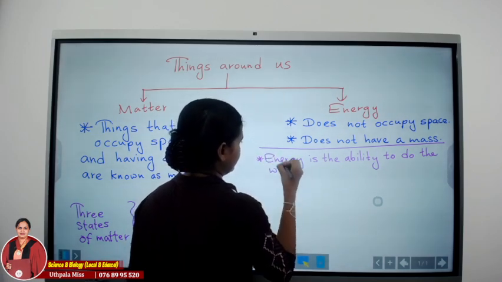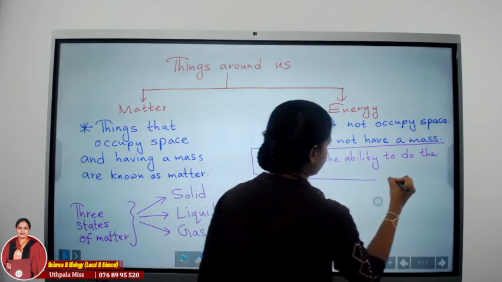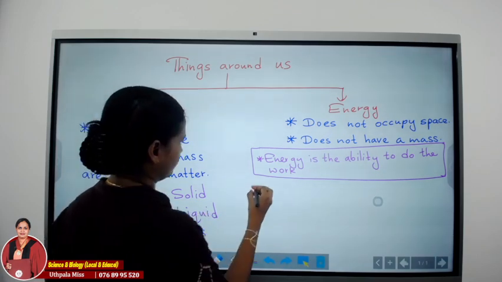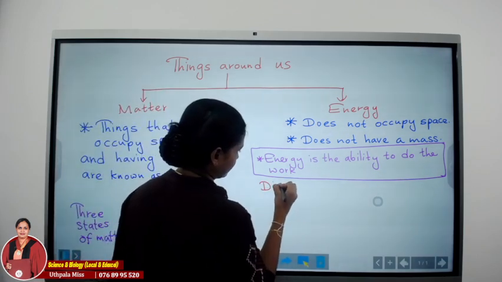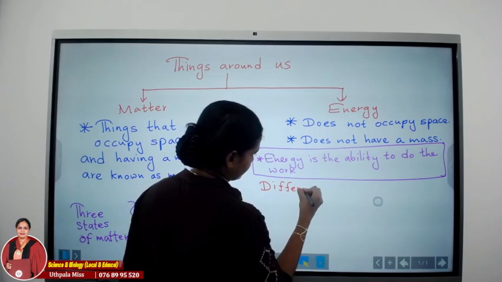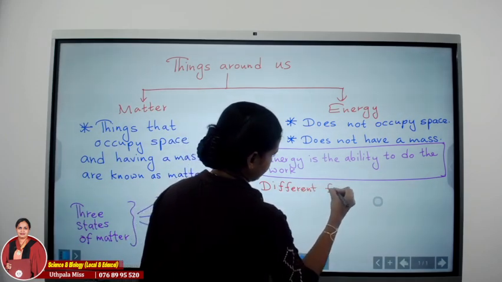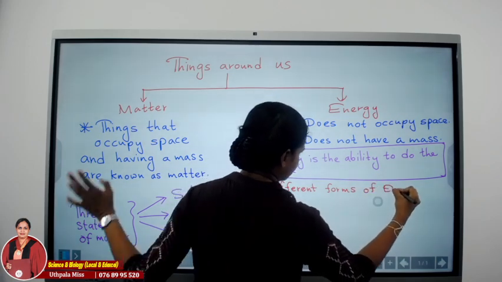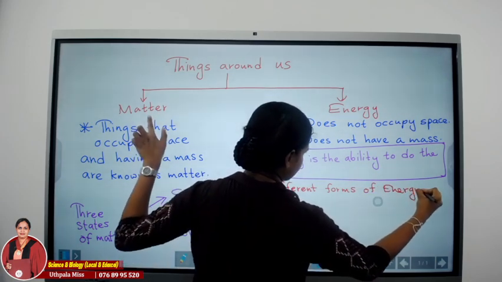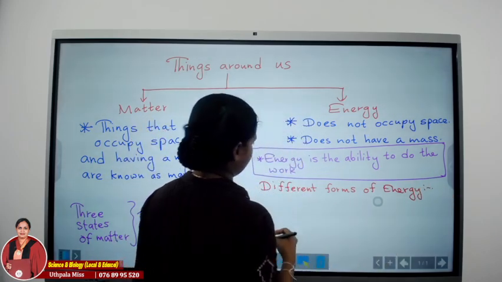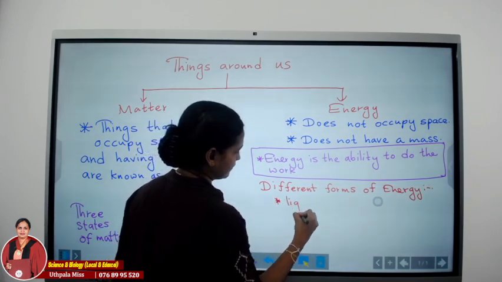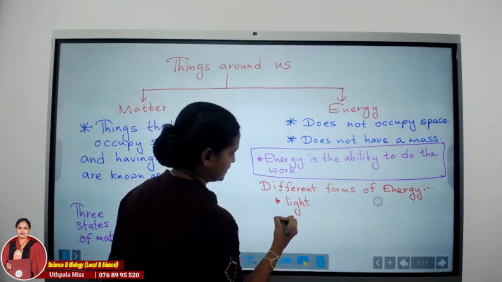Right? So you can give examples for different forms of energy. So out of these two, in this lesson, we are going to discuss matter, right? Different forms of energy. We can say light. Yes? Give me examples, all of you.